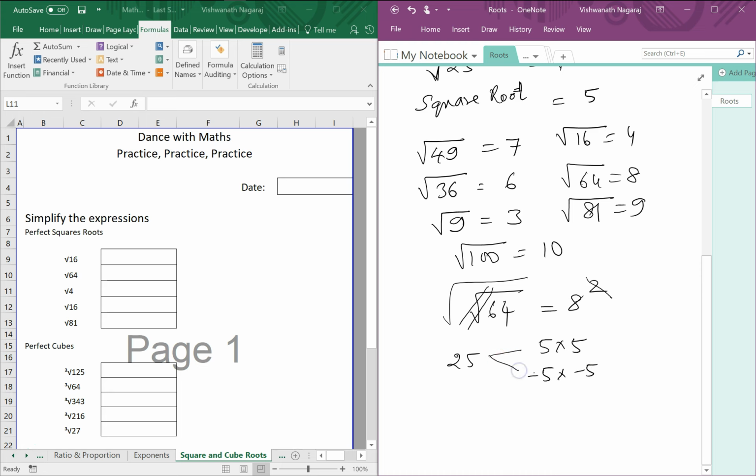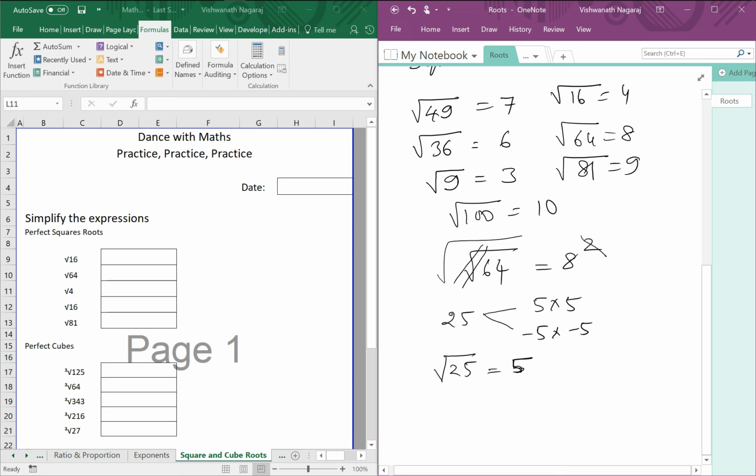Both of them will give you 25. But when we use this symbol, we mean positive 5, and not the negative 5. If we want to specify negative 5, then we have to put a minus symbol outside the square root.